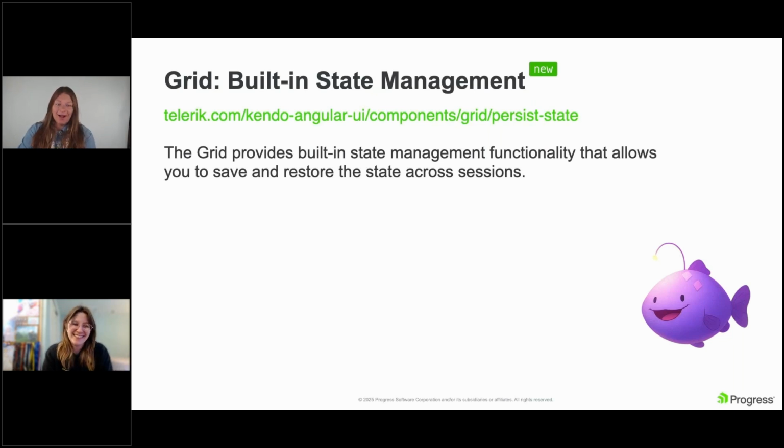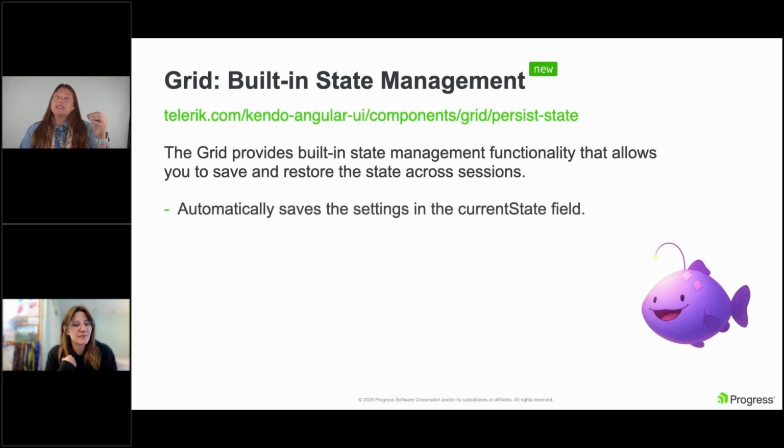So let's talk about some of the updates for Kendo UI this Q2. The grid got quite a number of updates, and we actually have a lot of AI news to get to. So forgive me if we're brief on any of these, but I'm just going to breeze through some of the features that were updated on the grid. We got built-in state management, and this is for sessions, settings and preferences across sessions.